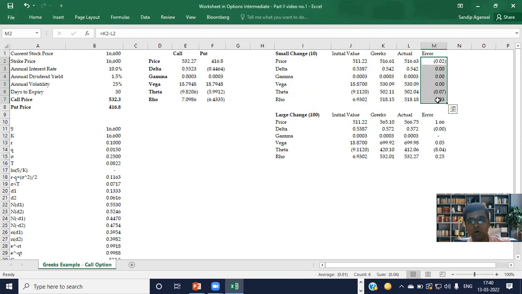And there is only a small error in the calculation. Whereas in the case of large changes, the error increases a bit as compared to the small change. But it gives you an approximate and fair idea of how the option greeks have an impact on the option prices. So that's it for my side.